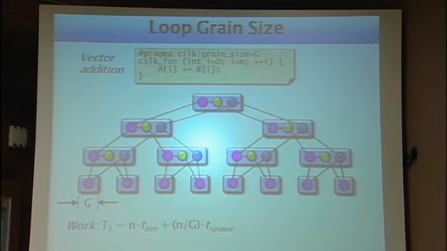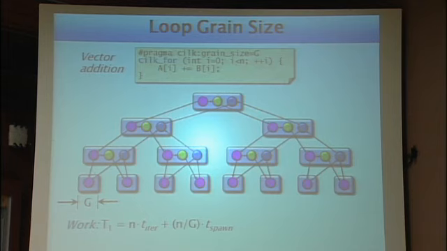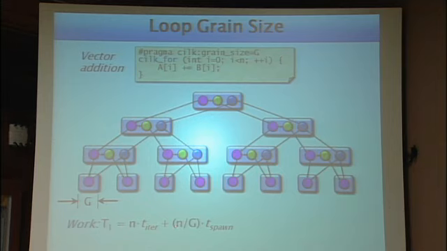I should be doing n iterations if I'm adding two vectors here. So that's accounting for all the work in these guys. Then, in addition, I've got all of the work for all the spawning, which is n over g times t_spawn. And you can play with grain size yourself by just sticking in different grain size directives.